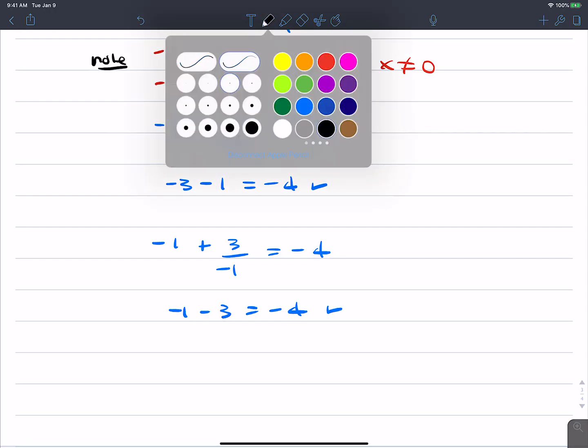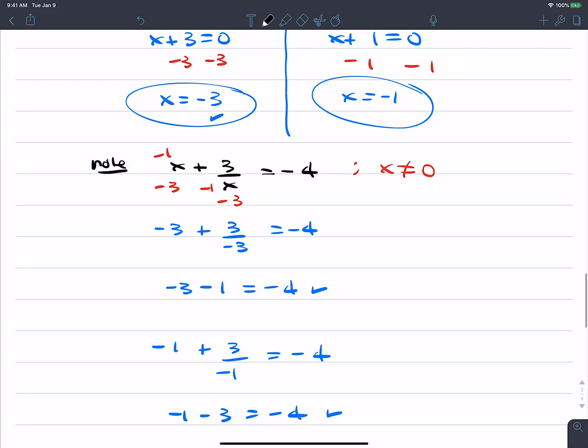Sometimes in algebra books you might see answers in set notation. Negative 3, negative 1, we have a solution. That's the same as saying x is negative 3, x is negative 1. This is our solution here.